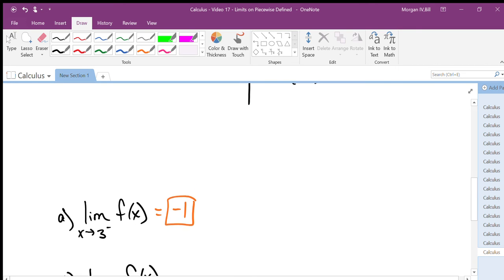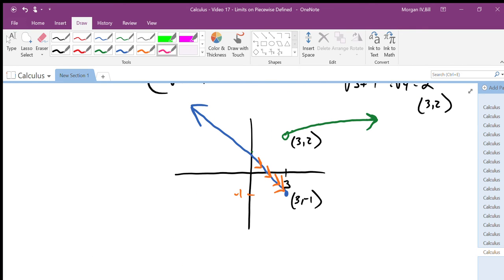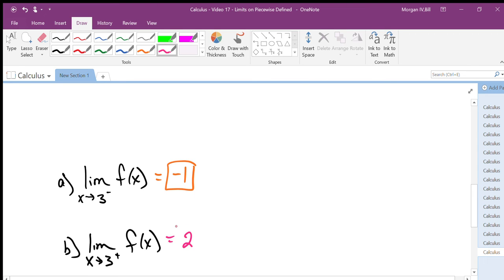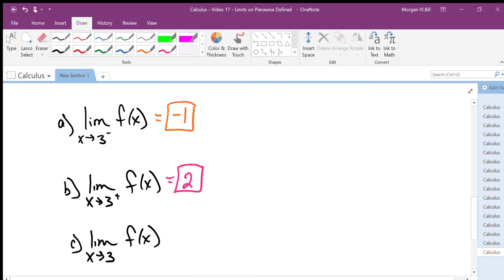What about the limit as x approaches 3 from the right, the plus sign there, of our function? In that case, we're coming in on the curve from the right-hand side, and we see that the limit of the function approaches a value of positive 2. And so this is equal to 2. How about the overall limit?